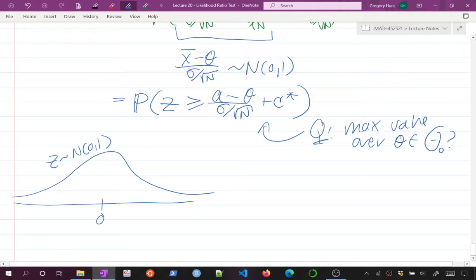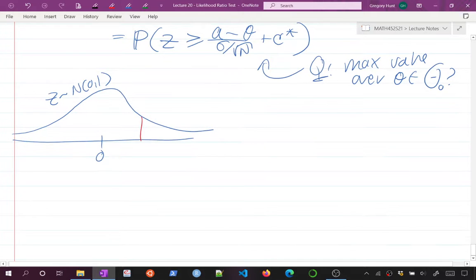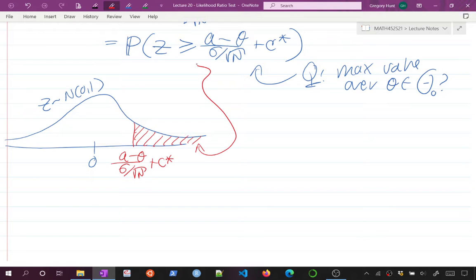And if we have here my value, (a minus theta) over sigma over root n plus c star, the probability I'm bigger than that is this kind of shaded tail region, right? So this is that probability. And I want to say, what's the largest value that could be?